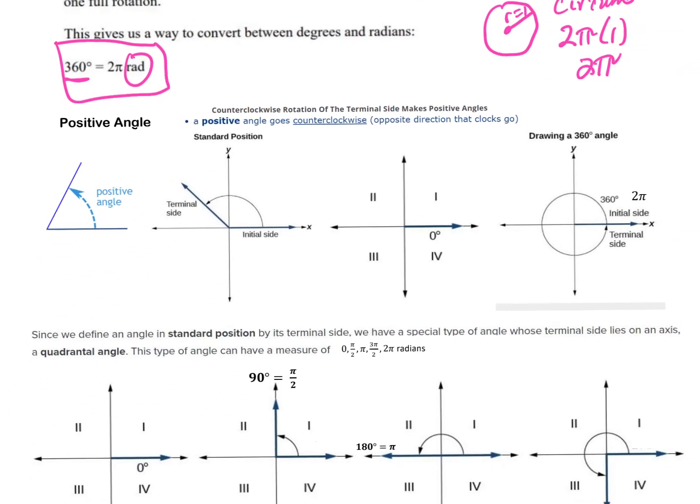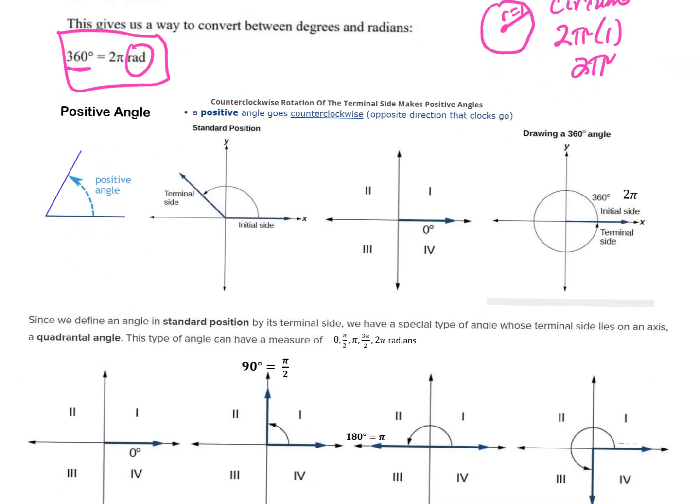So we're still talking about positive angles being counterclockwise, just like we did in the previous lesson here. And so we still have the initial side on the x-axis going to the terminal side. We're still going counterclockwise for a positive angle. Remember, we use CCW for counterclockwise.